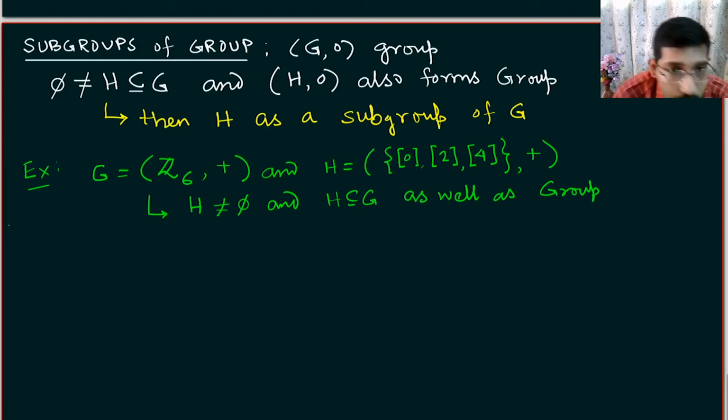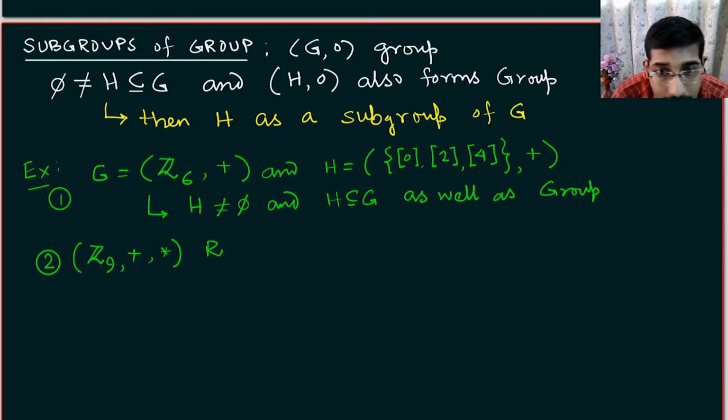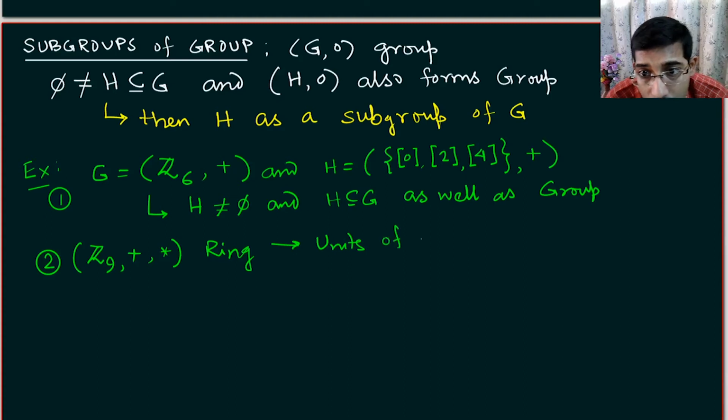So this is example 1. The other example you could think of is with the units. Just remember the units, I have defined that there are certain inverses of the unit. So let Z9 with plus and star be the ring. If I consider the units of this ring, that is U9 with respect to multiplication, it forms a group.